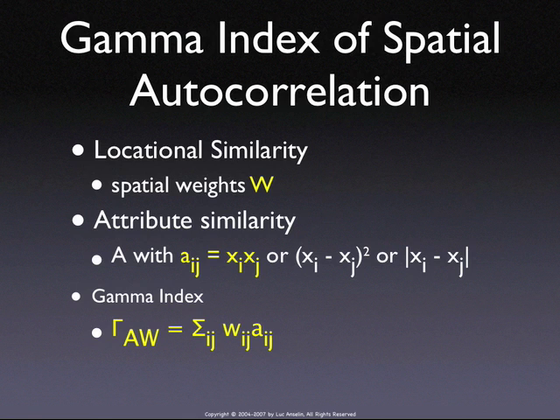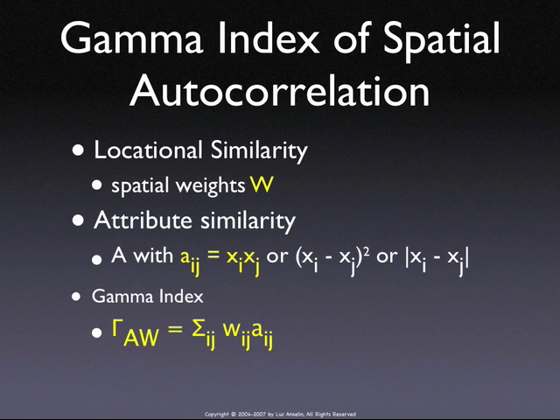How we get there is by taking the observed value for i and the observed value for j and, say, multiplying them together, or taking their square difference or their absolute difference. That then gives us a statistic, in the sense of a summary of the data, which is the sum over all pairs ij of wij multiplied with aij.